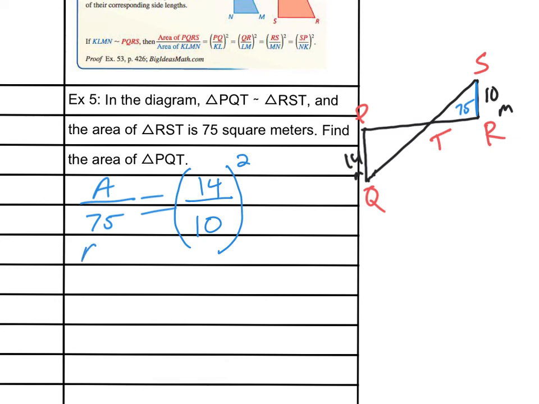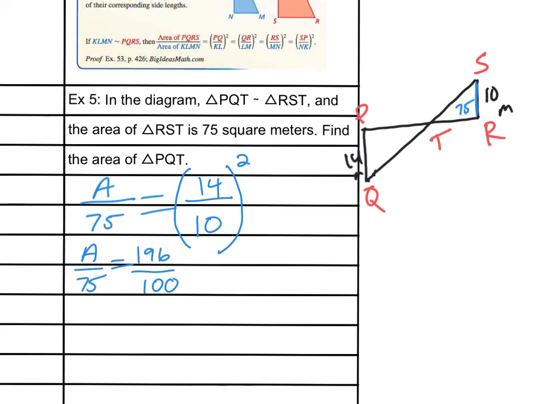So we can rewrite this as A over 75 equals 14 squared, which is, I always forget this one, 196, is it? Yeah, 196 over 100. So I just squared the numerator and squared the denominator. That's all we need to do to take the square of this ratio. Now we can cross multiply and divide.